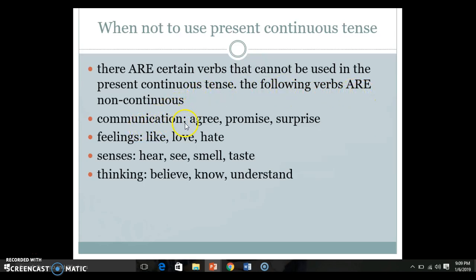For example, in communication: agree, promise, surprise; and for feeling: like, love, hate; and for sense: hear, see, smell, and taste; and for thinking: believe, know, understand.